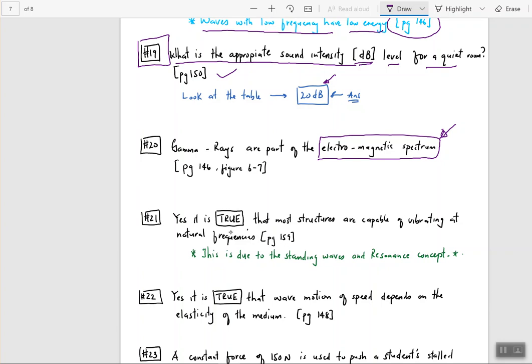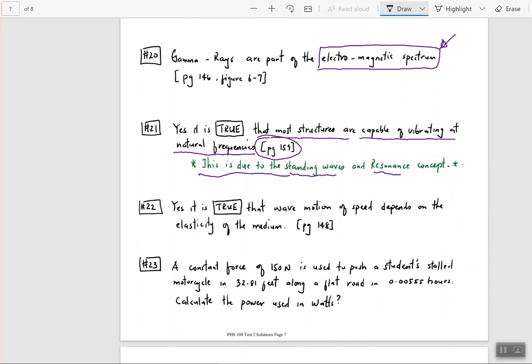Number 21, yes, it is true that most structures are capable of vibrating at their natural frequencies. This is defined on page 159, letting us know that this concept typically comes from standing waves and resonance applications. Number 22 is true. The answer is true that wave motions of speed depend on the elasticity of the medium.